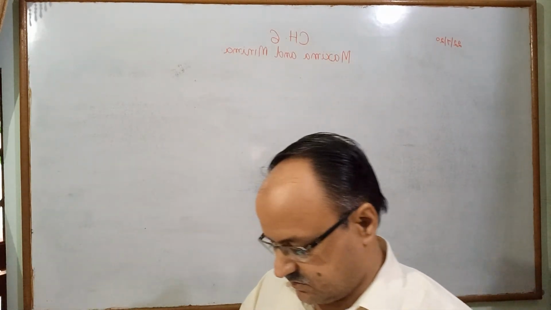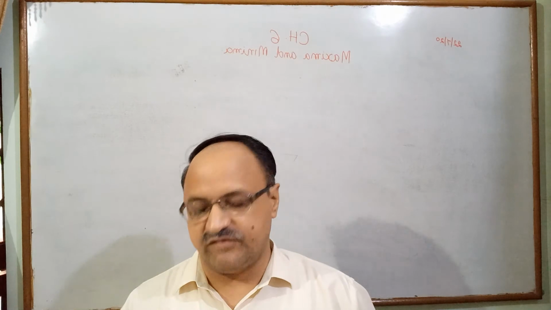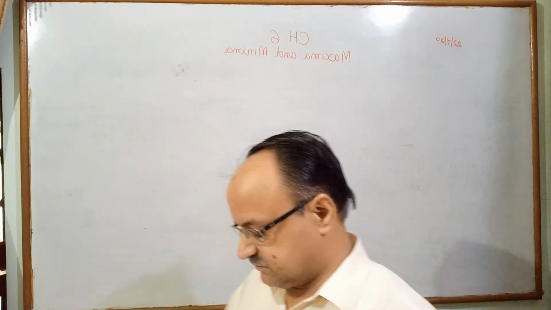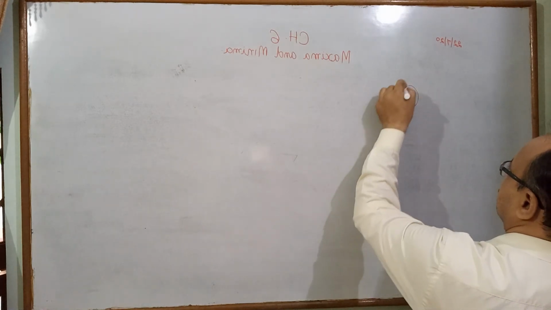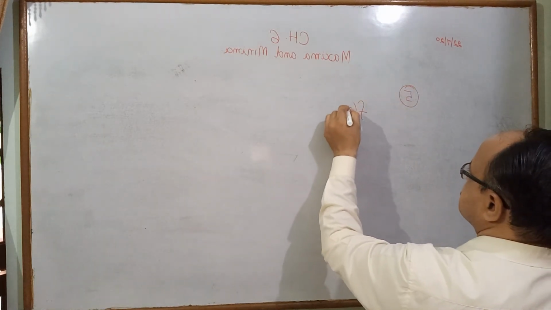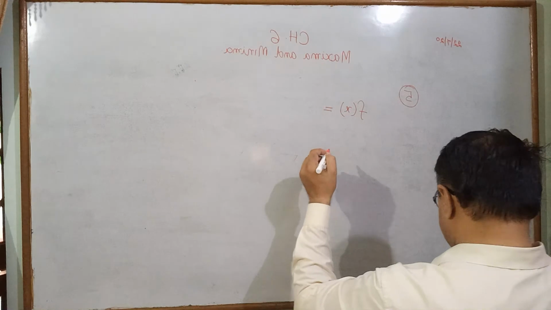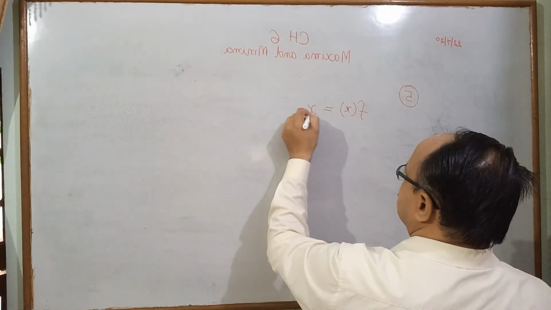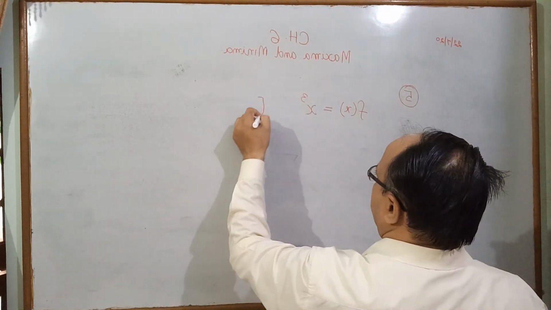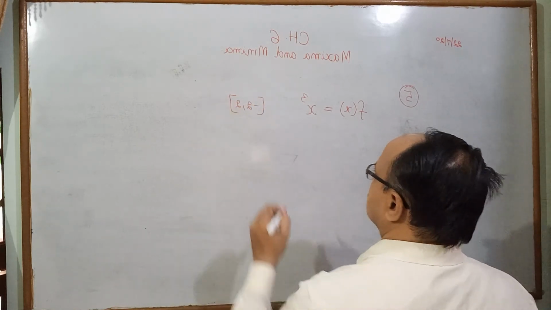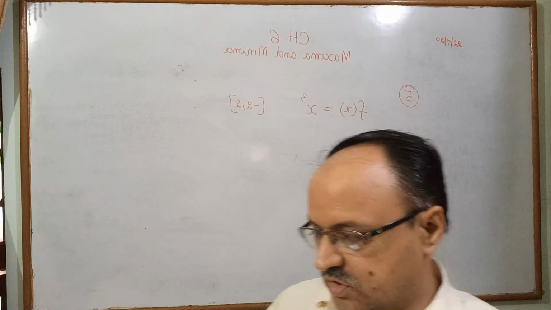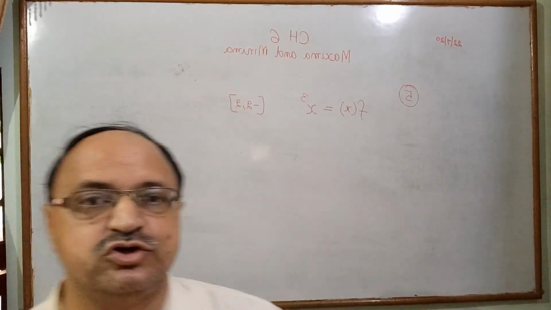Find the absolute maximum value and absolute minimum value. Question number 5: f of x is equal to x cube, in the interval minus 2 to 2. Find the absolute maximum value and absolute minimum value.